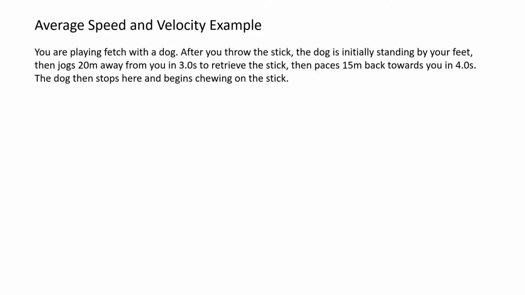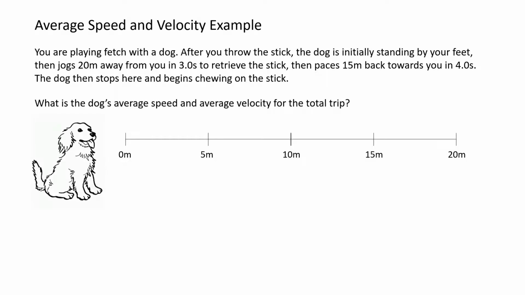That is a good throw. So you are the origin for this problem. You are right at 0. You throw the stick, out it goes 20 meters. And the dog takes a specific amount of time to travel that distance. So let's write that down.